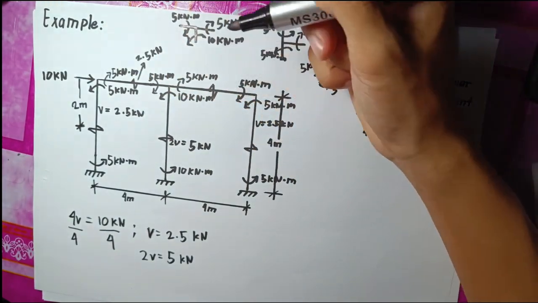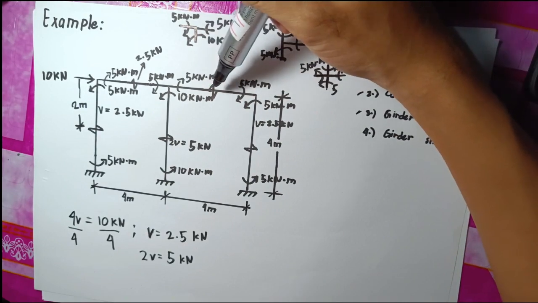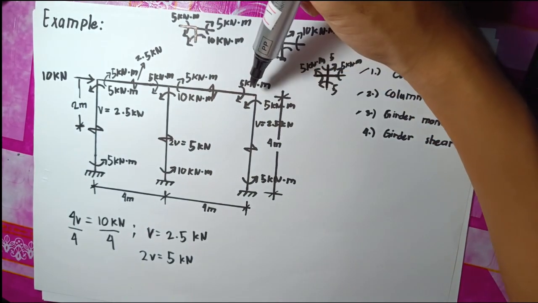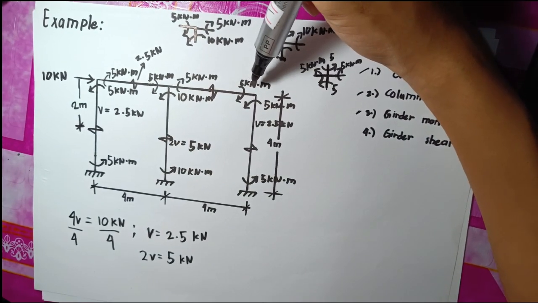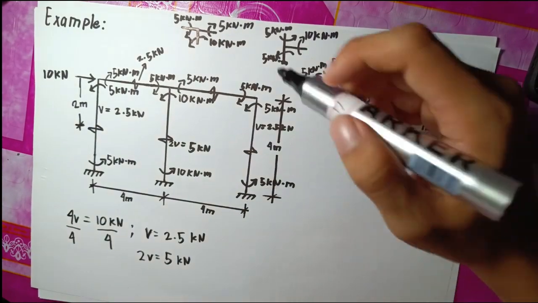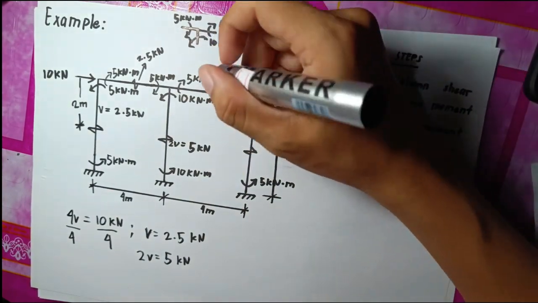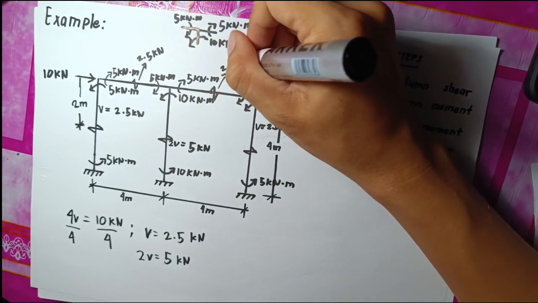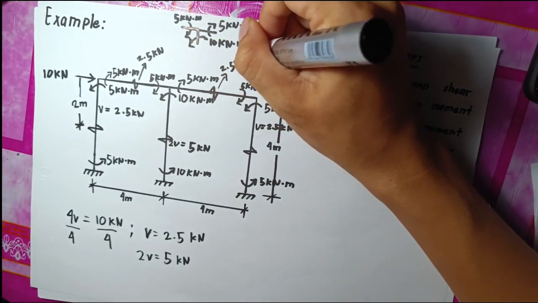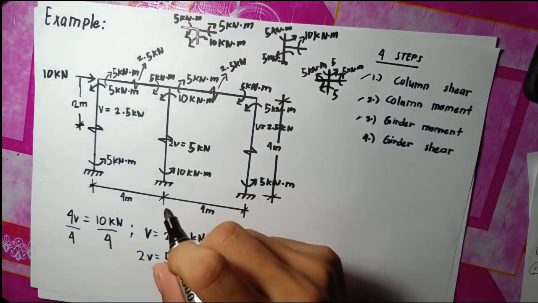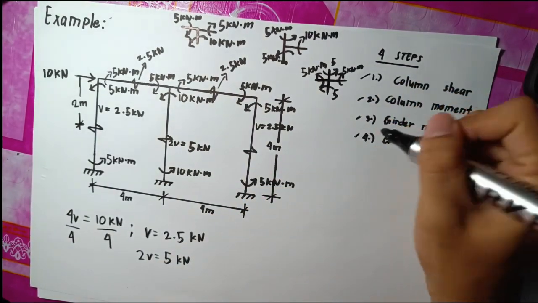And this one we'll do the same: just add the 5 kN meter and 5 kN meter and divide by 4 meters. 2.5, still 2.5 kN. And we're done with the 4th step.